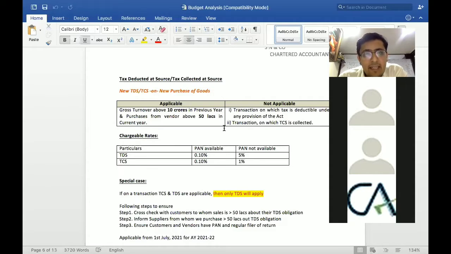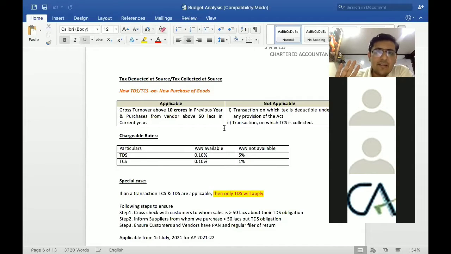Okay. And while he deducts TDS, the seller is not supposed to do anything, because TDS is the first obligation and the seller is not supposed to collect TCS. There are only two exceptions. One exception is if the transaction is, for example, a work contract transaction where there is a supply and there is a service, and the TDS is already deducted.